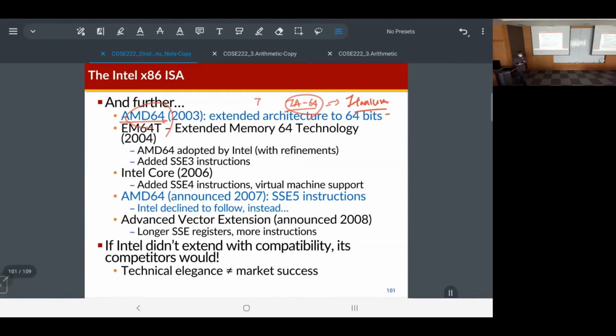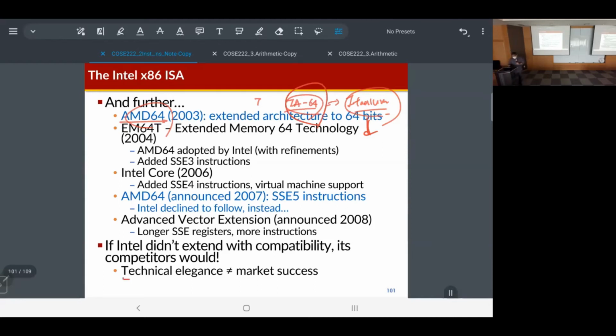But it was very hard and very difficult, and also because of the backward compatibility issue, the Itanium failed in the market. Intel dropped these Itanium CPUs maybe four years ago. So IA64 failed.